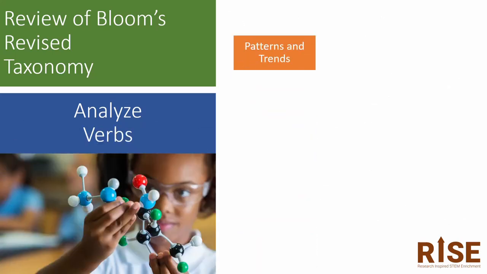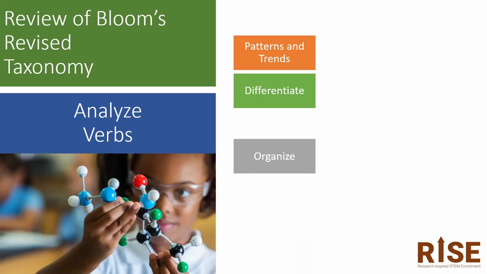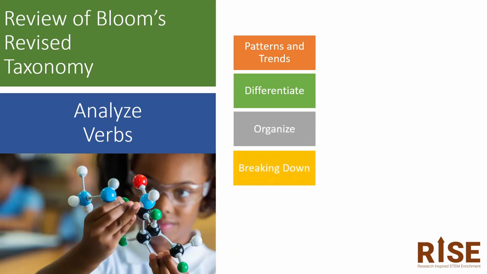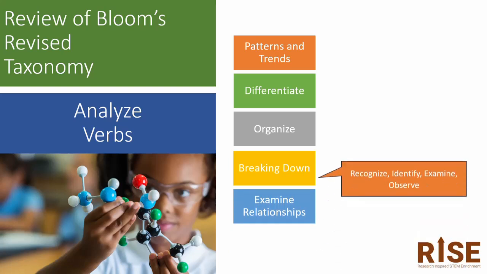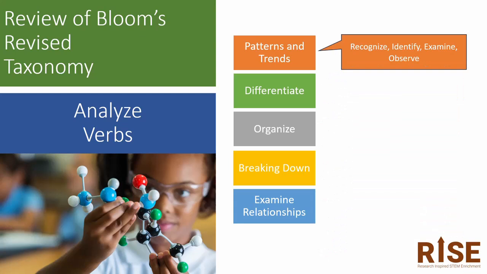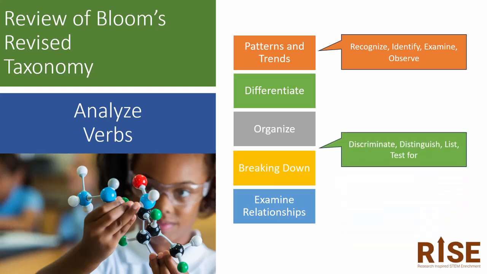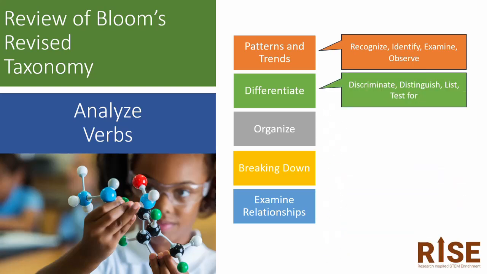Tasks and activities associated with the analyze level typically include patterns and trends, differentiating, organizing, breaking down, and examining relationships. Verbs associated with patterns and trends include recognize, identify, examine, observe. Verbs used with differentiating include discriminate, distinguish, list, and test for.